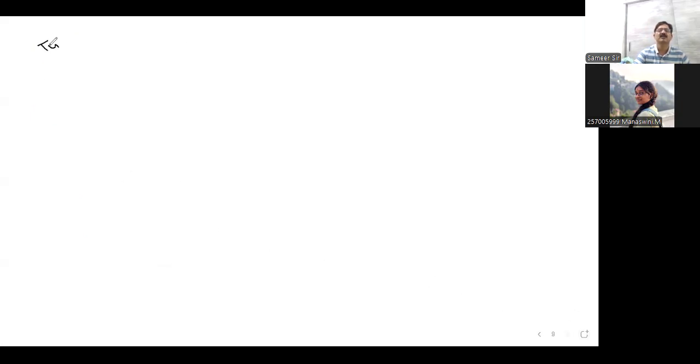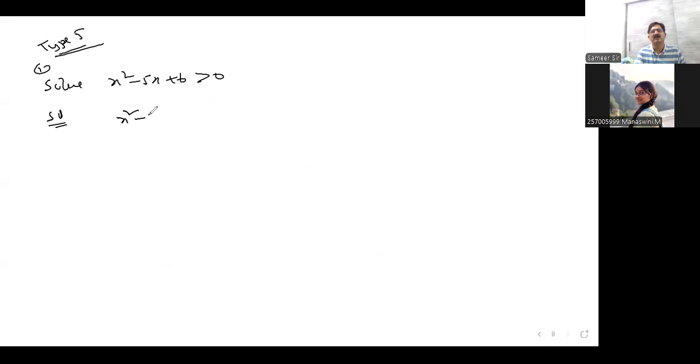Okay. Now after this is type 4. Now see this one. Type 5. What is type 5? Sometimes they'll give like this: solve x square minus 5x plus 6 greater than 0. You need not worry, you factorize this. X square minus 3x minus 2x plus 6 greater than 0.